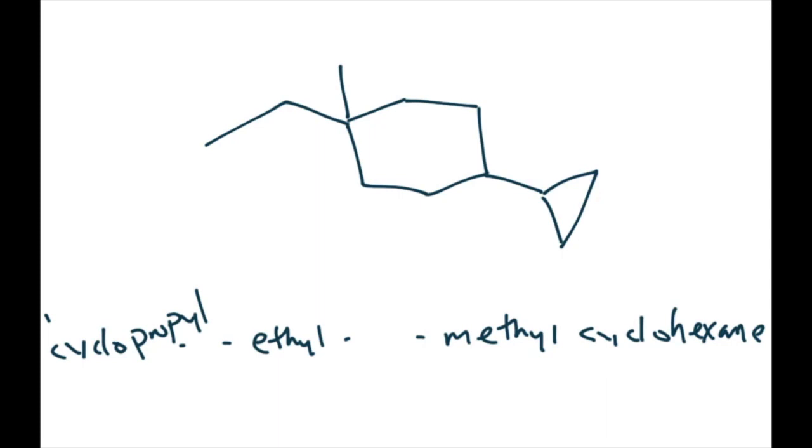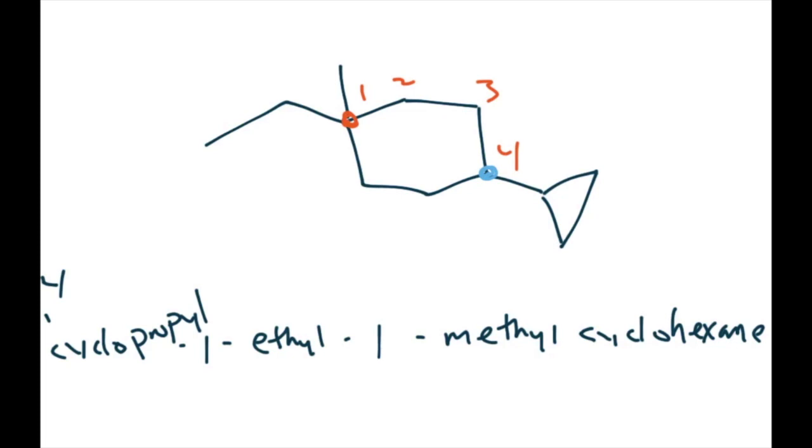So now, same thing. I'm going to start numbering at the orange carbon because that gives me 2 1s in my name. So I'm going to get 1 methyl, 1 ethyl, 4, so 1, 2, 3, 4. 4 cyclopropyl, 1 ethyl, 1 methyl, cyclohexane.